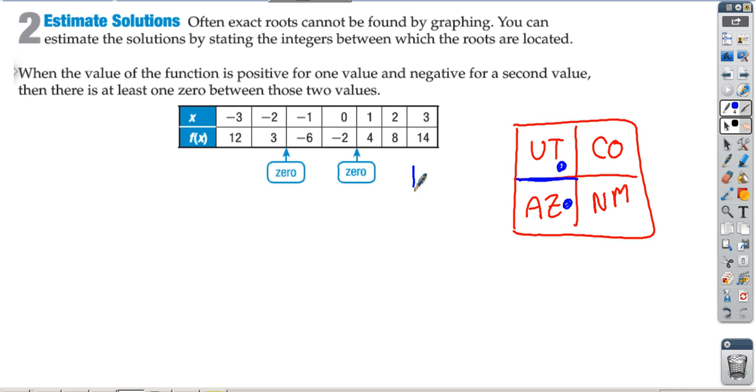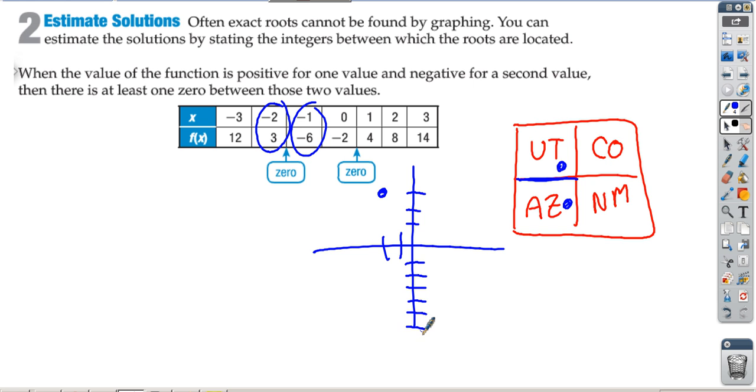Same thing occurs on a graph. Let's say I graph the point at -2, 3, and then I graph this point at -1, -6. Notice what must have happened. If I connect these dots, I must have crossed the axis somewhere, where y equals 0. I don't know exactly where, but I know that it happened between -2 and -1.